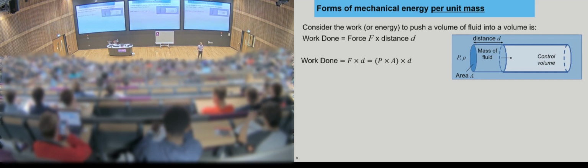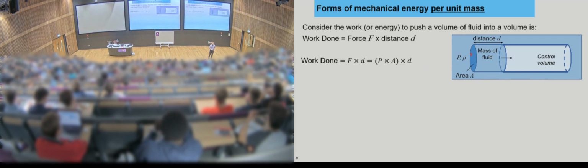Work done is force times distance. So here's force times distance just here. So work done is equal to force times distance. The force acting on this area here is pressure times area. So we just put pressure times area times the distance moved by the mass as it goes into our control volume.